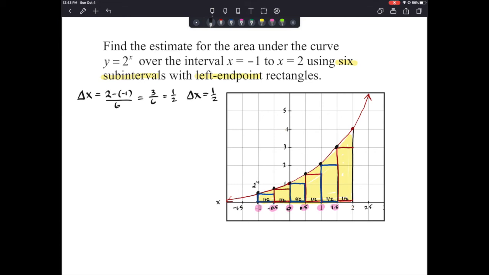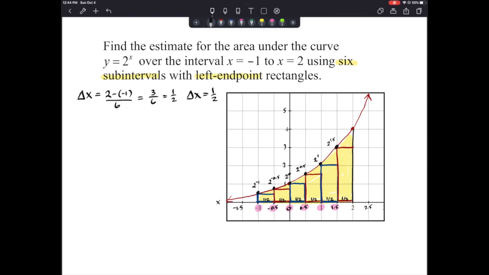Then we have the second one, 2 to the negative 1/2 power. Then we have 2 to the 0 power, 2 to the 1/2 power, 2 to the first power, and then 2 to the 1.5 power.